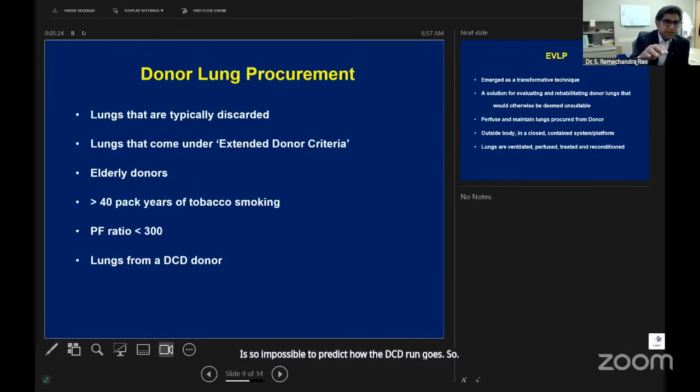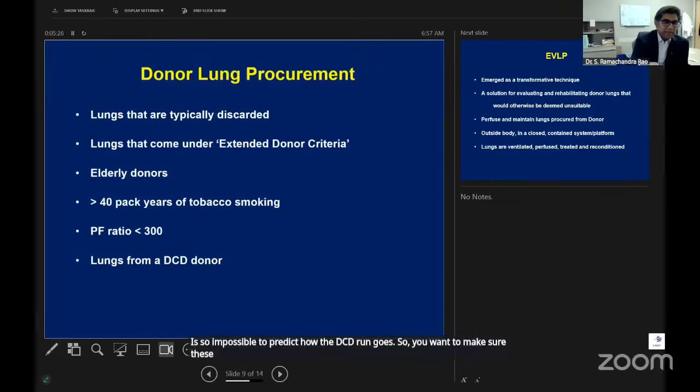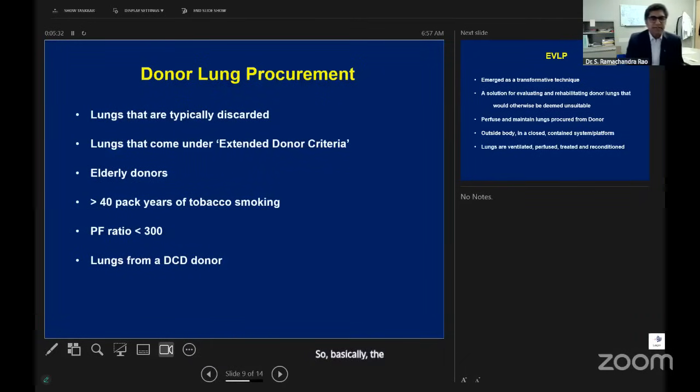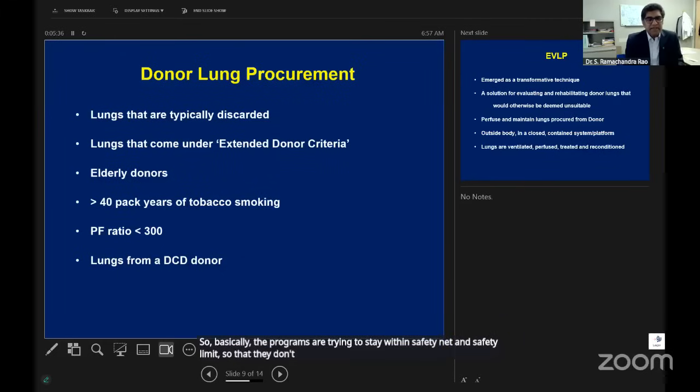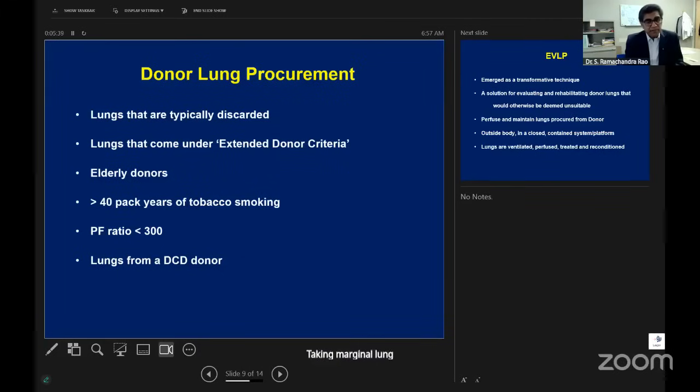So you want to make sure these 5 criteria are not extended in an extreme manner. These are the standard donor criteria. So basically the programs are trying to stay within a safety net and safety limit so that they don't risk taking marginal lungs with a marginal or a poor outcome for the recipient.